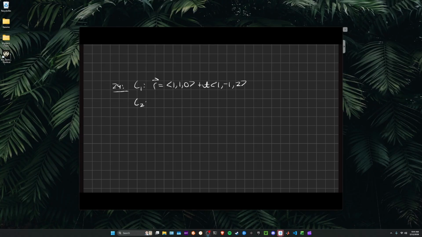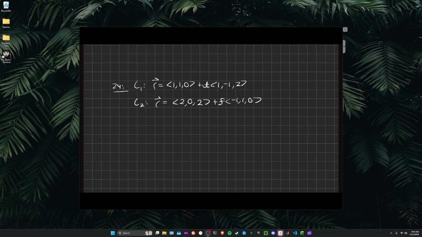We're given another line. So this would be r is 2, 0, 2 plus s times -1, 1, 0.